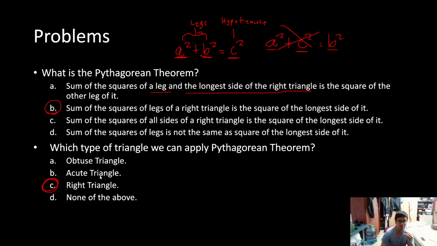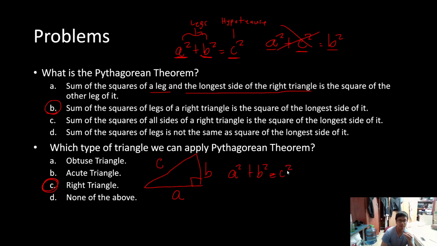Recall that in the Pythagorean theorem we have a right triangle, and assume that the base of the right triangle is a and b is the height. And of course, we know that commonly c is the longest side of the right triangle. So if this is a right triangle, we can apply the Pythagorean theorem.